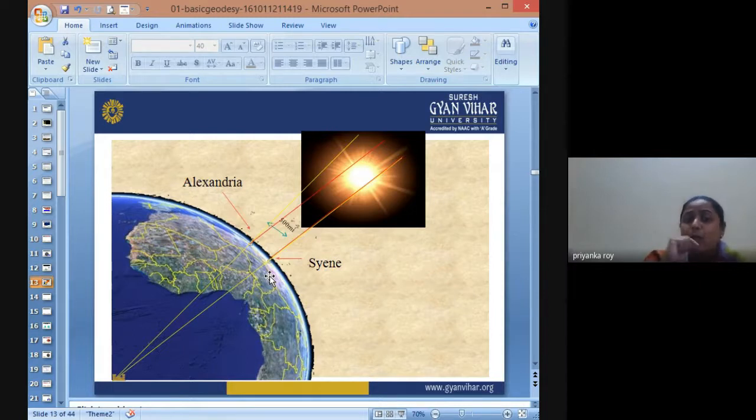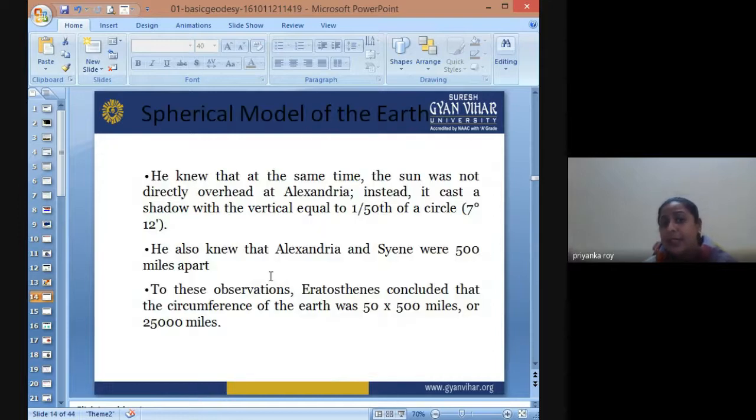With the help of this change in angulation, and Alexandria being about 500 miles from Syene, he calculated the approximate variation. He knew that at the same time the sun was not directly overhead at Alexandria.